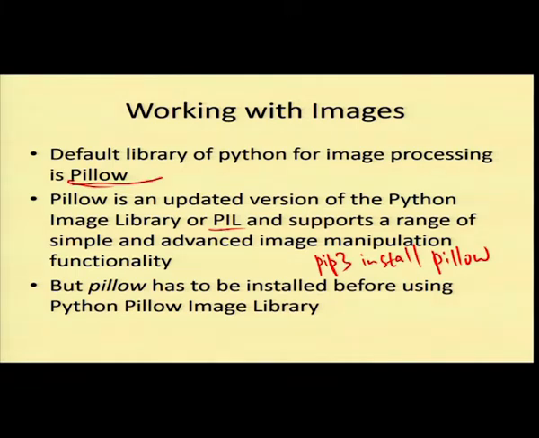If I want to do game programming, which we will see in the forthcoming session, I need a module called Pygame, and Pygame is not installed by default. So how do I do it? Similarly, I type pip3 install Pygame.